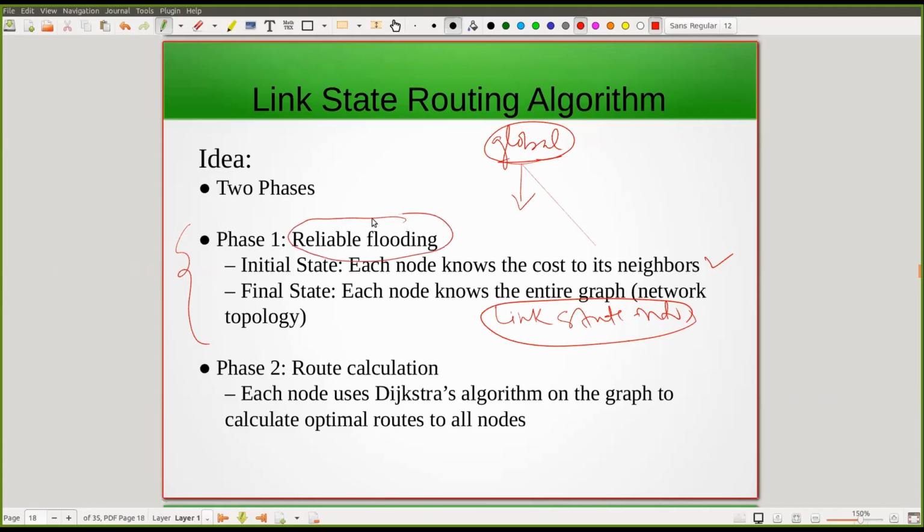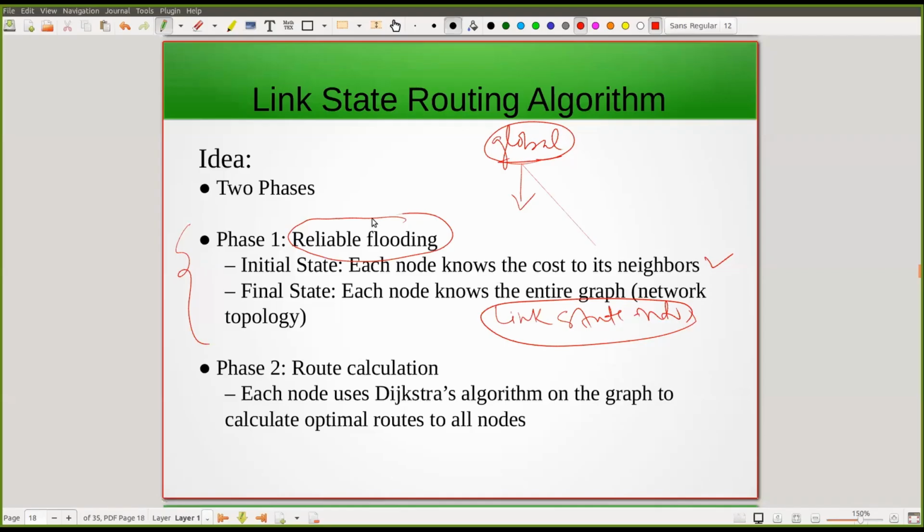Like the way the distance vector works, where every node sends its distance vector to every neighbor, similarly here the link state information is passed to every neighbor. But in distance vector, by exchanging the vectors, they try to calculate the route at the same time; this does not happen here.